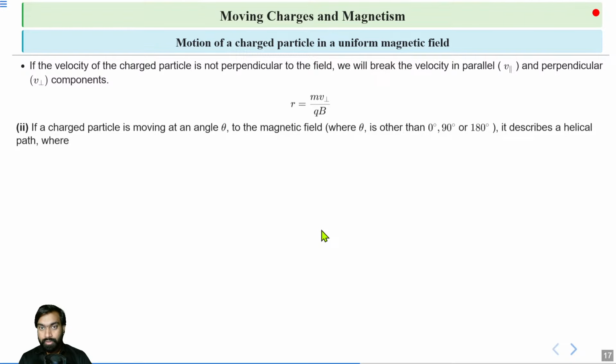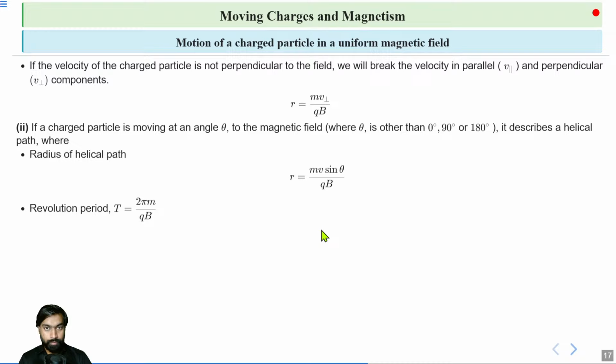This combined motion creates a helix, or spiral path, like a spring stretched out. So the radius of this helix is r equal to mv sine theta divided by qB. This is just the radius of the circular motion caused by the perpendicular component.